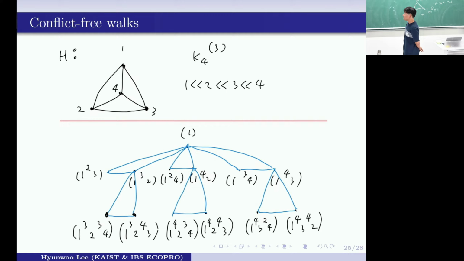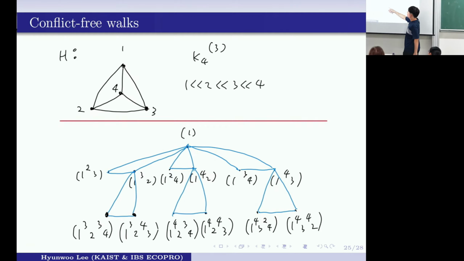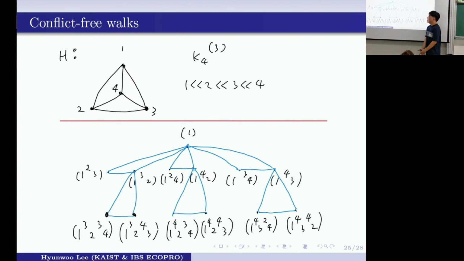Now we will construct the k-walk tree based on the complete-free walks, and we will fix the vertex 1. So this is just the one-vertex walk, and in the first case we may extend to 1, 2, 3 and 1, 3, 2, which are edges 1, 2, 4 and 1, 4, 2, you know.